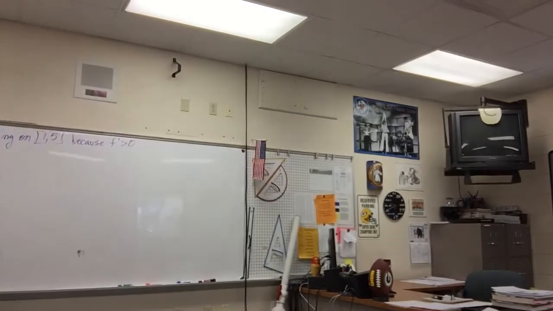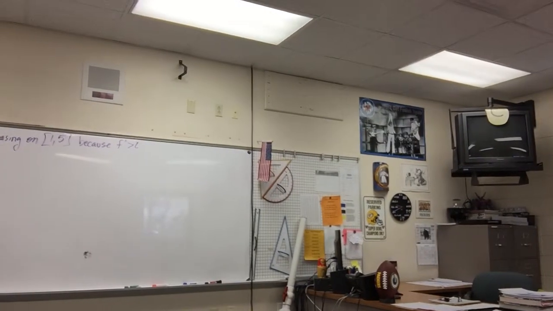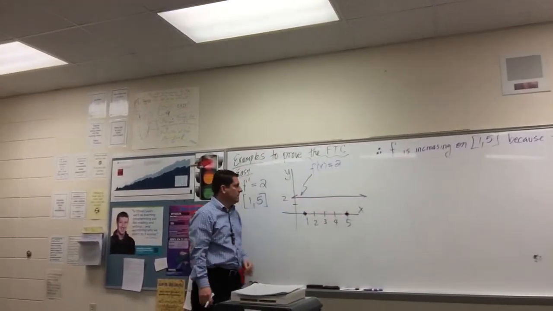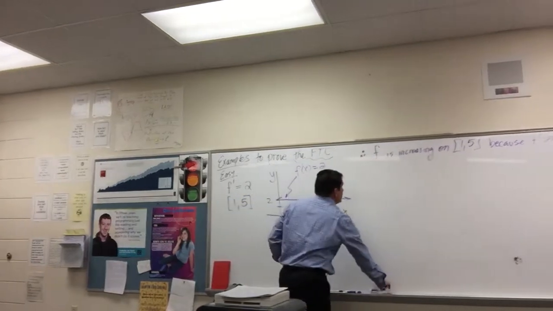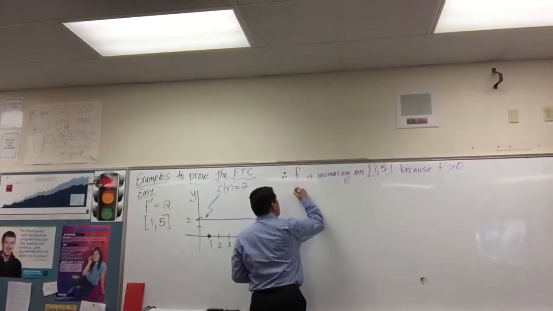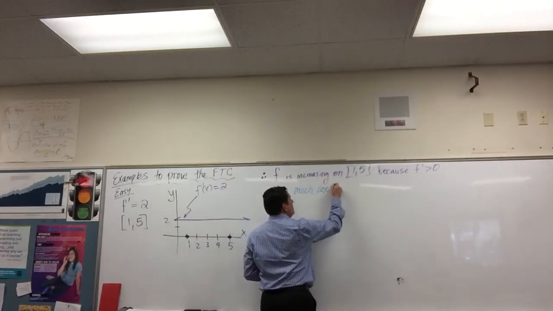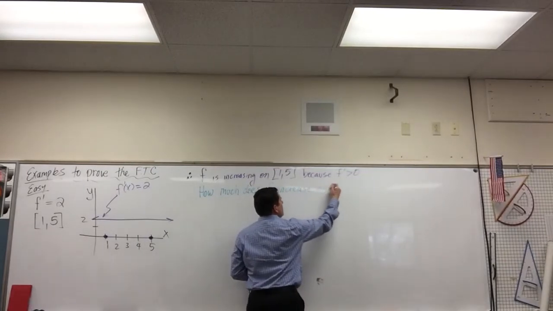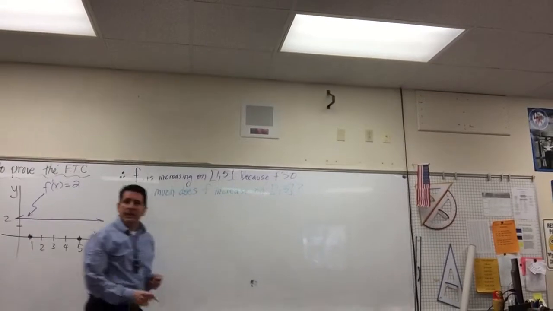It's so easy, it's almost hard, because the function is increasing all the way, it's positive throughout this whole thing. So today we're asking this: how much does f increase from 1 to 5? That's the big question today.